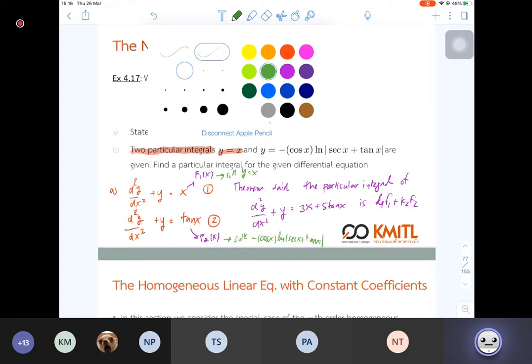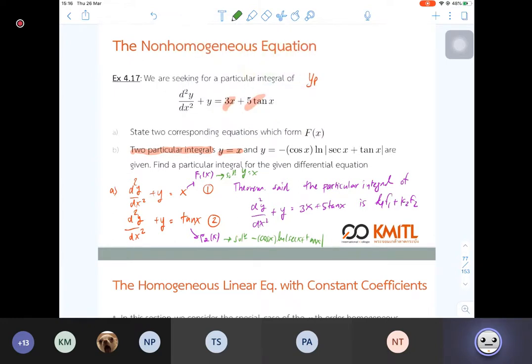So if we have this, we can use this theorem to find yp. So yp would be 3, this is k1, and 5, this is k2.